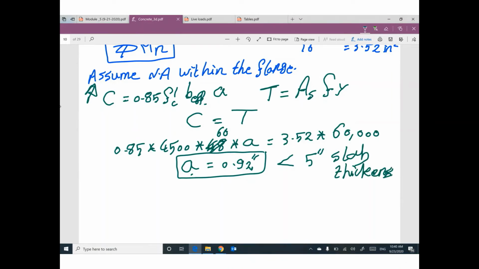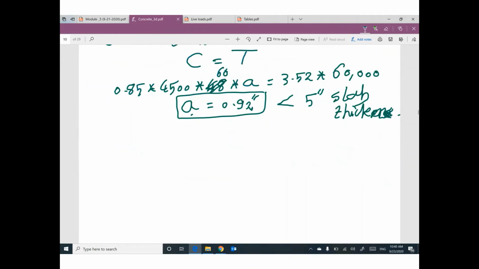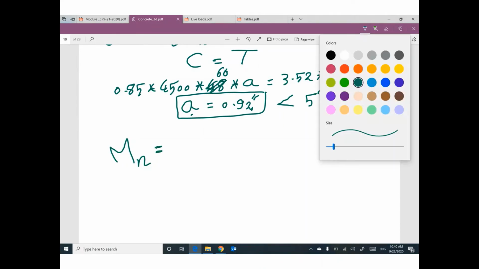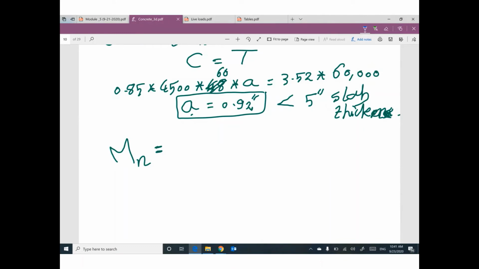So keep going. Your nominal moment will be area of steel times F yield times D minus A divided by 2. Dr. Eggman? Yes.